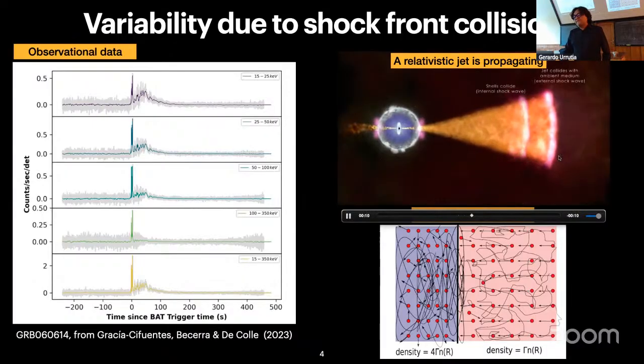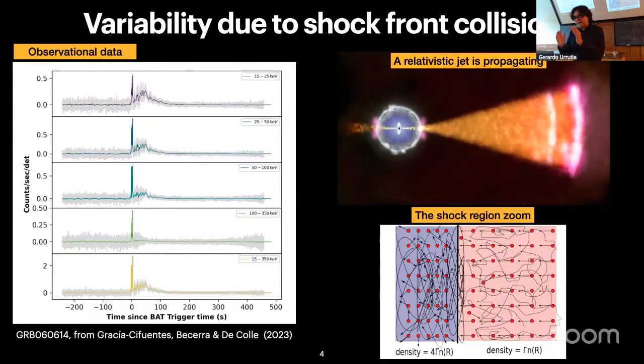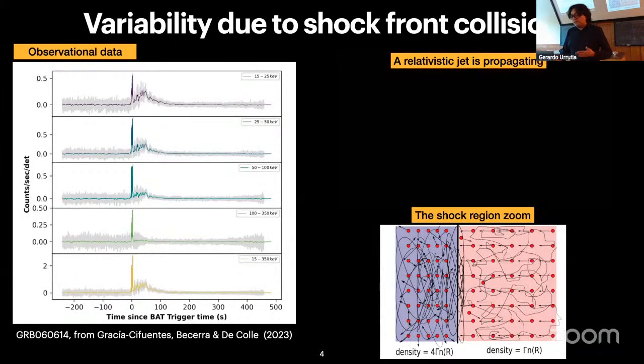So we have a plasma, and if you are in the frame of the shock front, this plasma is compressed, and because of the shock front conditions, you can amplify the density, for example, 4 times the Lorentz factor with respect to the fluid rest in this interstellar medium, but at the same time the magnetic field is amplified.